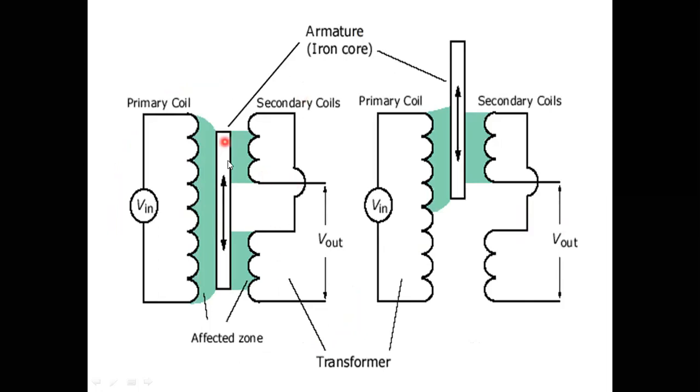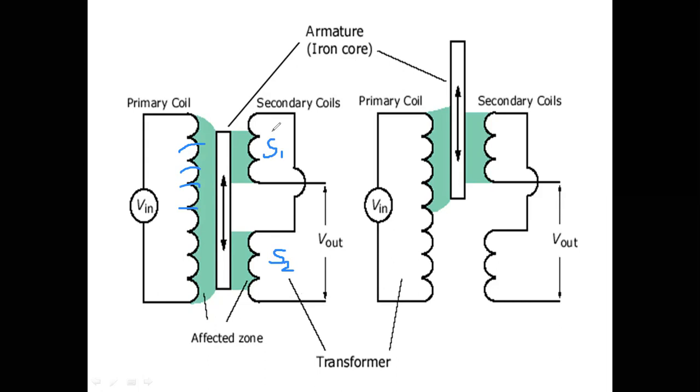When the core is in center position, what will happen? Through the supply voltage, flux will be formed here. In secondary 1 and secondary 2, the windings must be the same, and the cross-section area of the conductor must be the same throughout the windings.